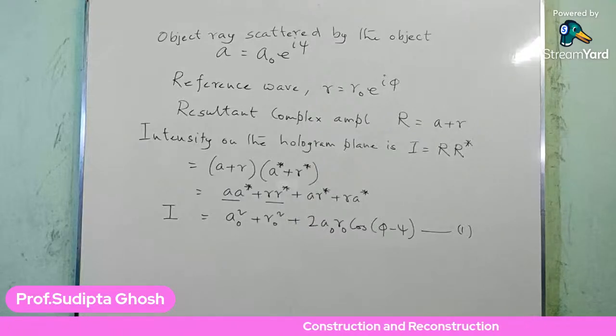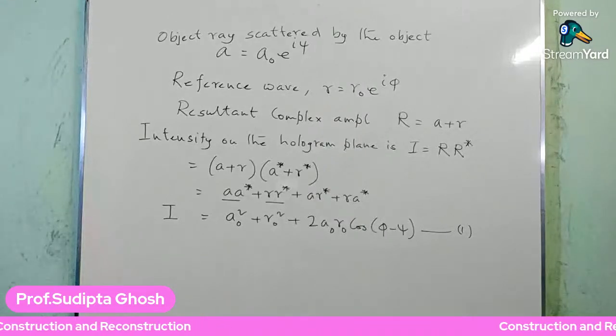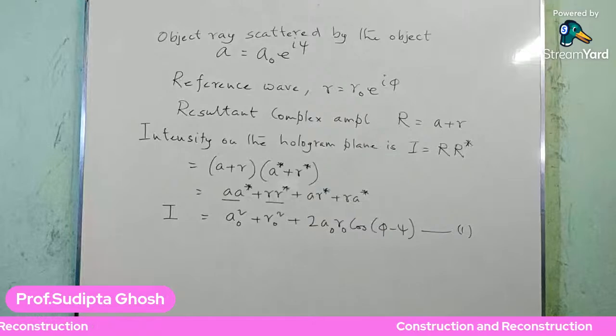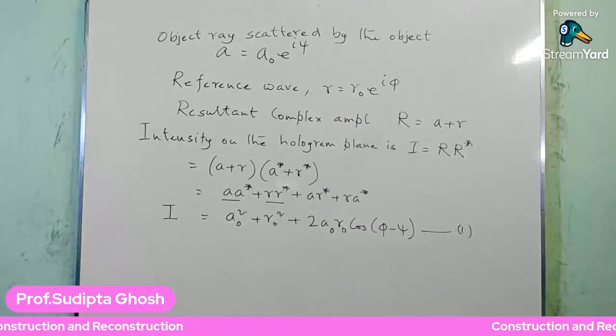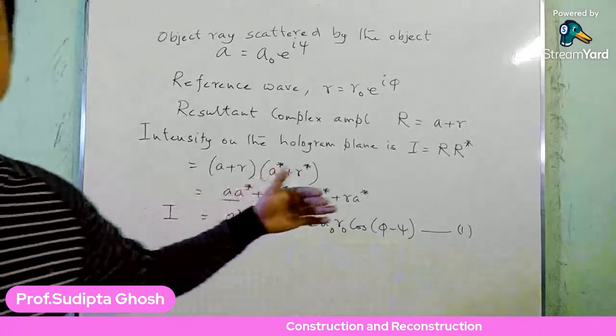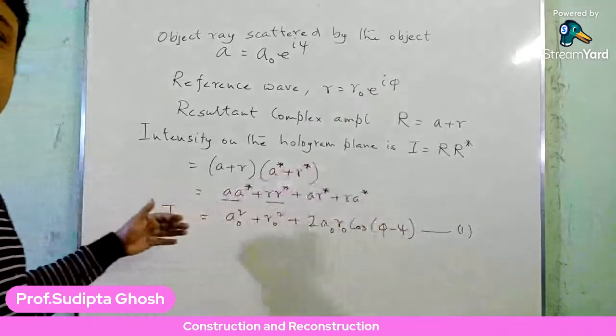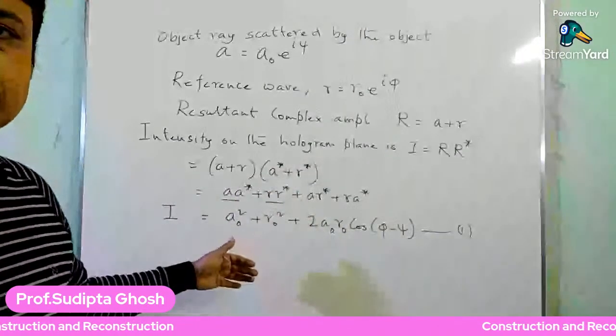Now, by a suitable development process, the amplitude transmittance of the hologram is adjusted to be proportional to capital I. This is the part which is used while recording. So this is the mathematical analysis of the recording of the hologram.